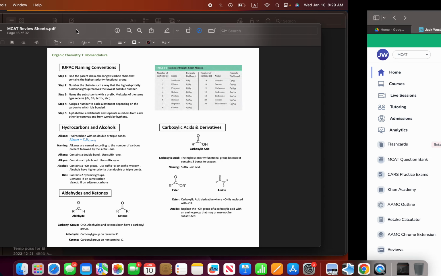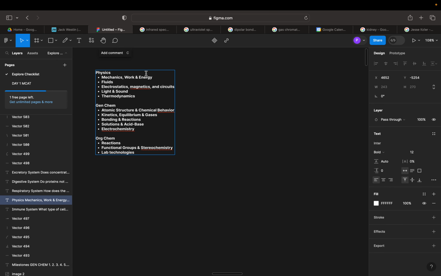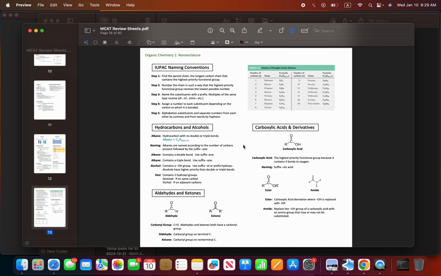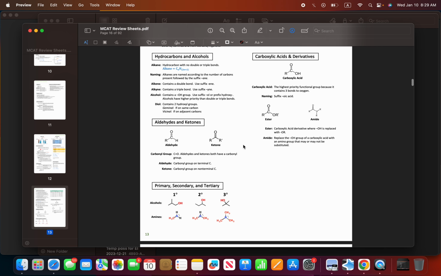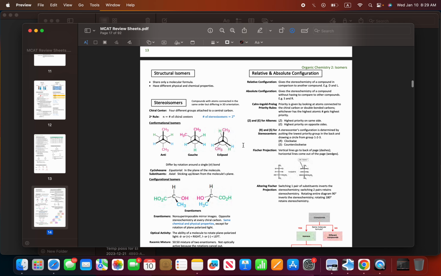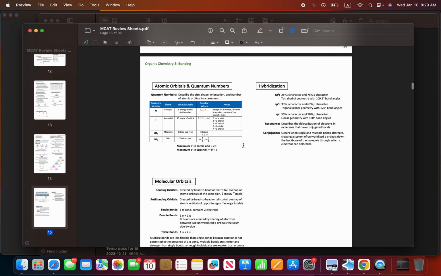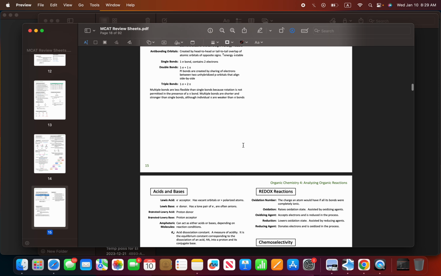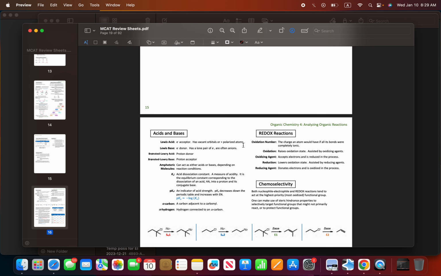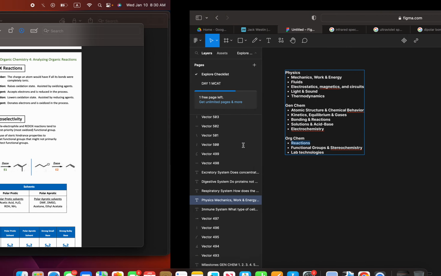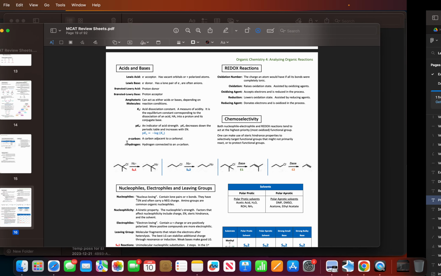So again, as we go through these, we're talking about reactions here and then functional groups. So we know that the nomenclature with the isomers, with the bondings, this can be functional groups, analyzing organic reactions. It is in the reaction part.